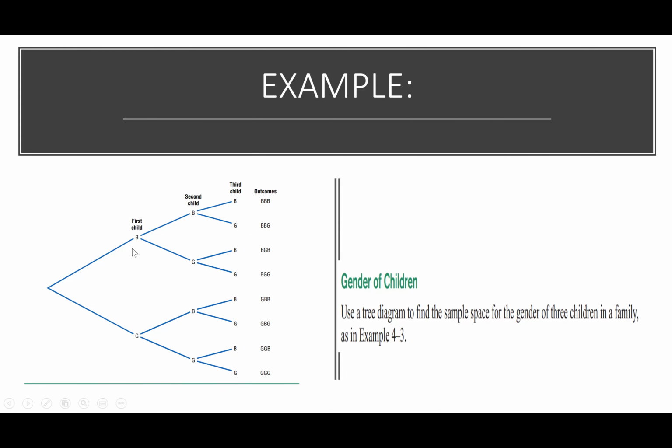The first child could be a boy, the next could be a boy or a girl, and the third child again could be a boy or a girl. So we have 8 different outcomes: boy-boy-boy, boy-girl-boy, and so on. This is known as a tree diagram.